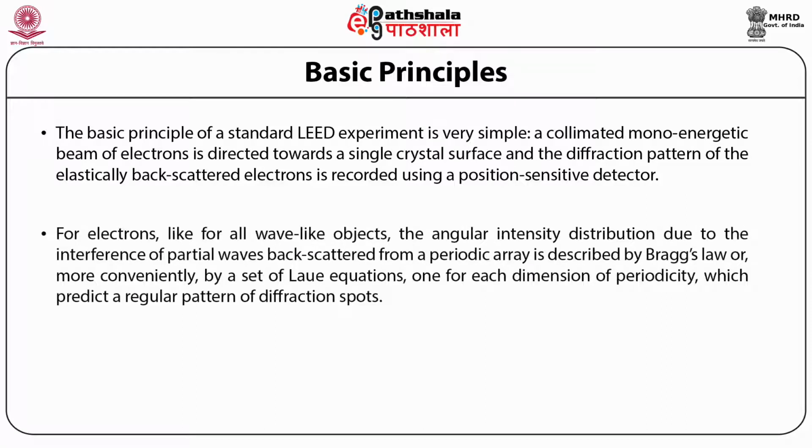For electrons, like for all wave-like objects, the angular intensity distribution due to the interference of particle waves backscattered from a periodic array is described by Bragg's law, or more conveniently by a set of Laue equations, one for each dimension of periodicity, which predict a regular pattern of diffraction spots.